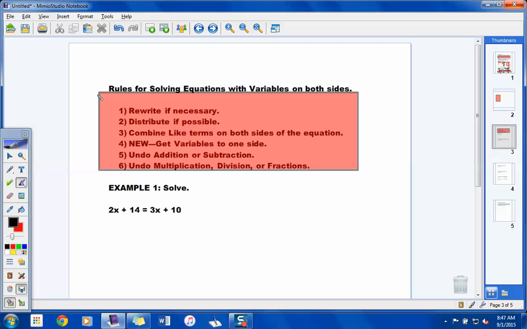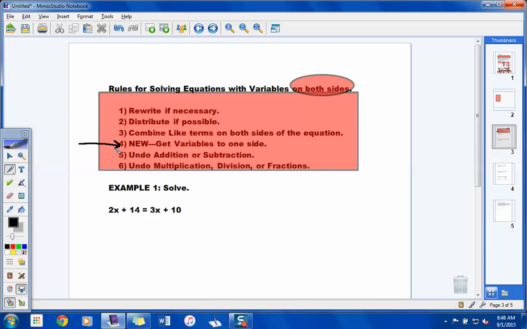Now again, keep in mind, we're looking at variables on both sides here now. So the rules go like this. Step 1, rewrite if necessary. Does that sound familiar? Step 2, distribute if possible. Does that sound familiar? 3, combine like terms on both sides of the equation. Does that sound familiar? Okay, here's what's new for us. What's really going to be new for us is right here.